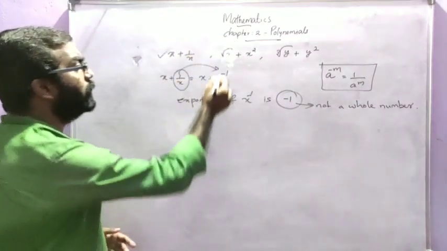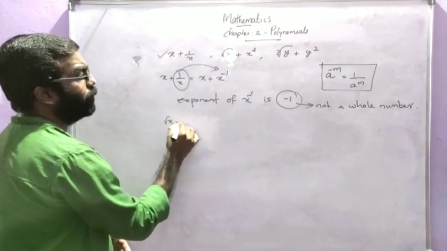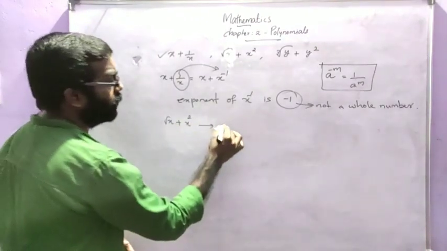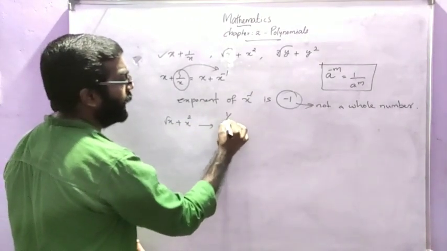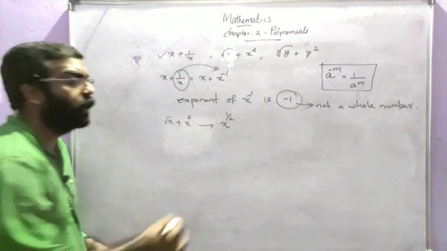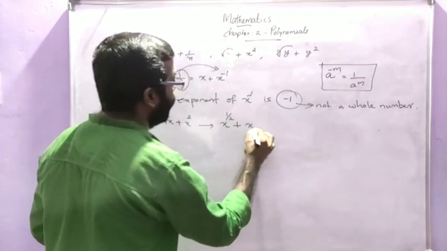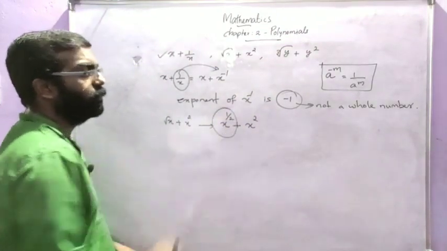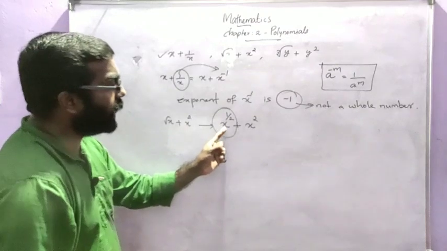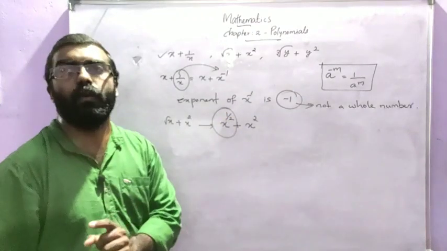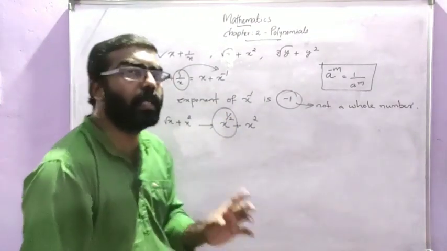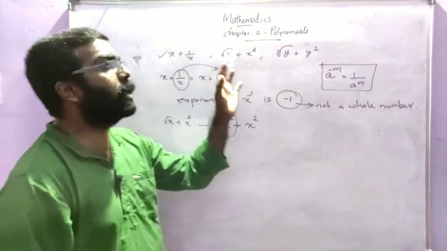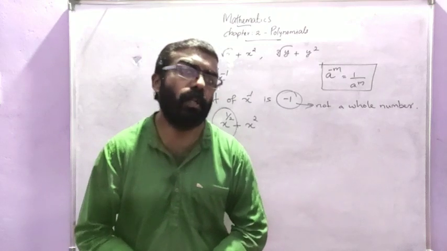Now look at the second example, root x plus x square. Root x can be written in power form as x raised to 1 by 2, so it is x raised to 1 by 2 plus x square. In the first term the exponent is 1 by 2 and it is not a whole number, so the second one is also not a polynomial.